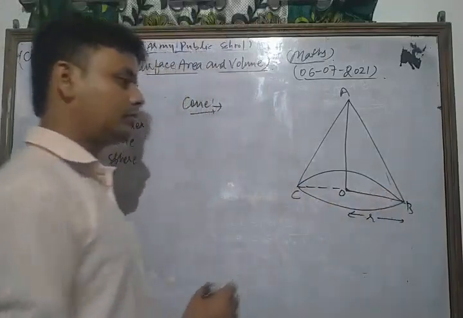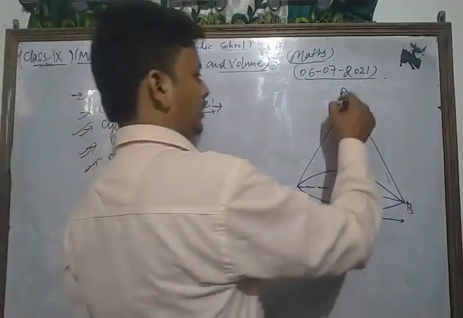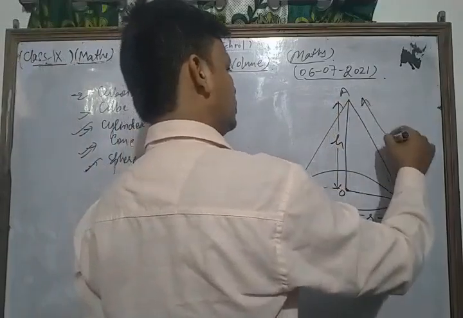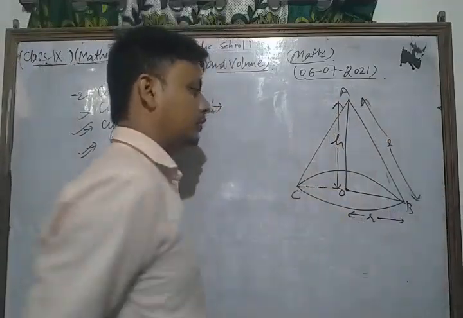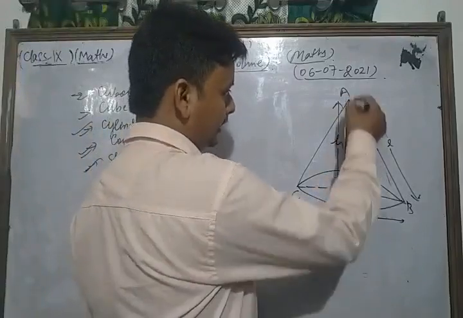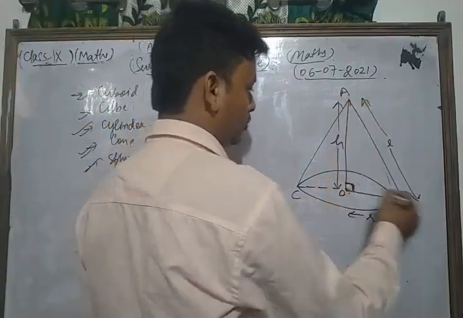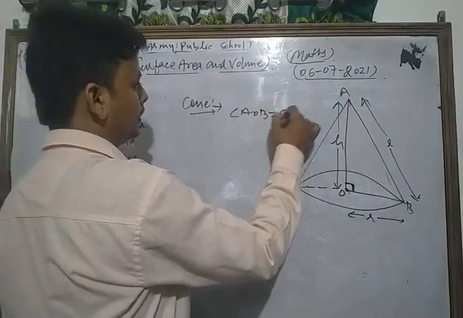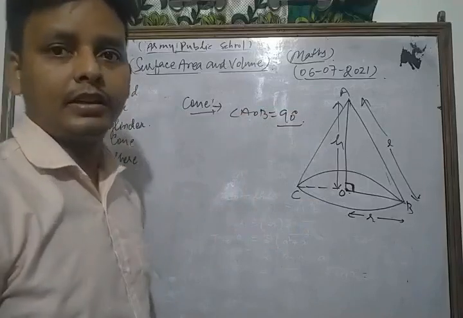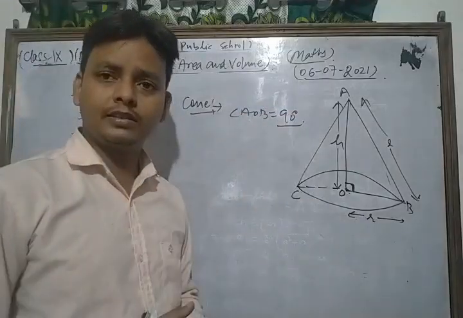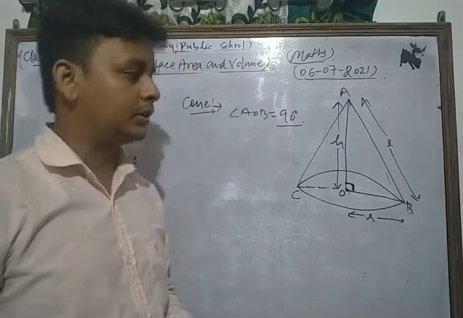And AO is your height, and this is your slant height of the cone, and this height is perpendicular to the base. So angle AOB here is what? 90 degrees. Okay, and the base of the cone is always circular in region.